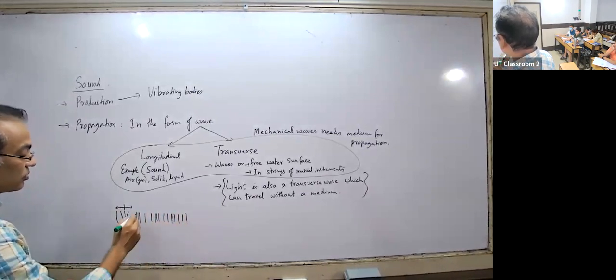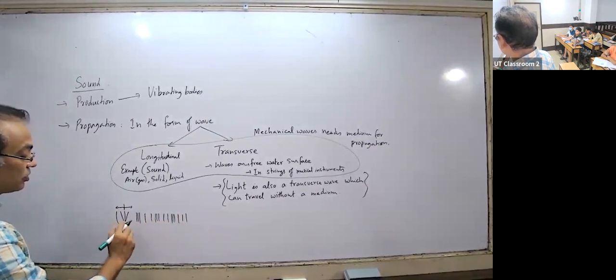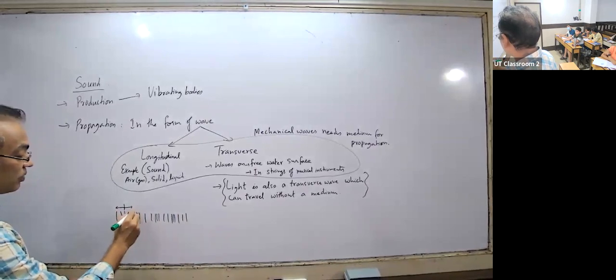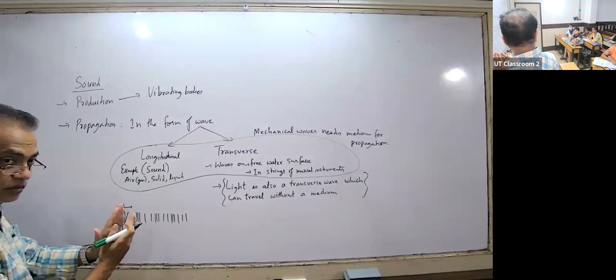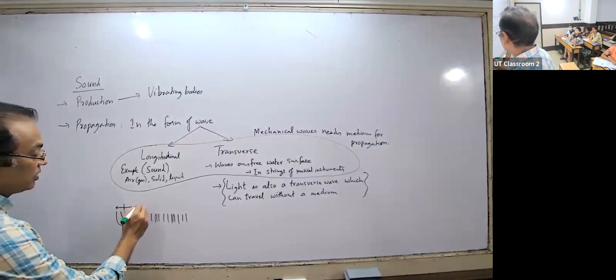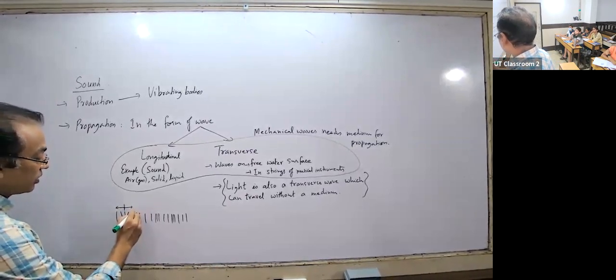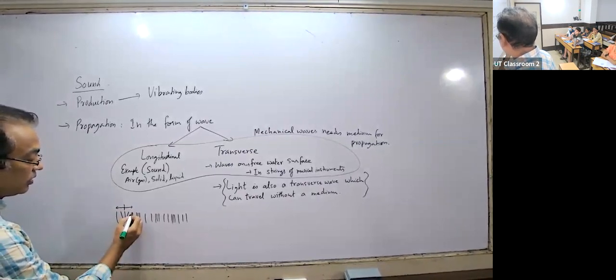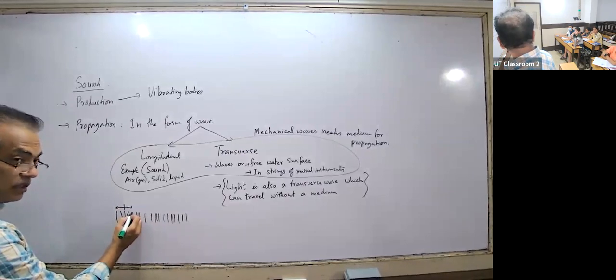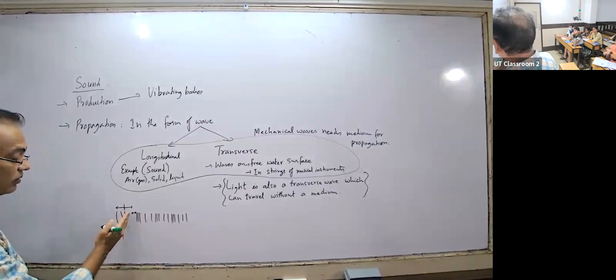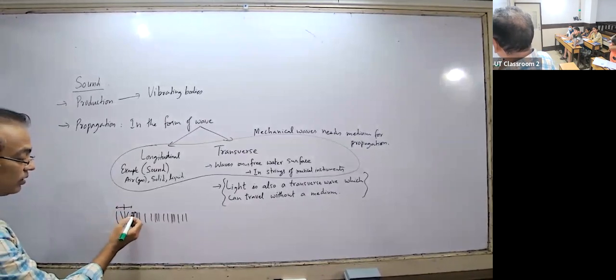So in this kind of situation, why did this compression take place? Because these air particles became close to each other. Then what is happening to the air particle? Let us say I take only one air particle over here. When this tuning fork went ahead, it was initially at this position, then it went till here. And when the tuning fork came back, this also came back here, and again it went back till here.